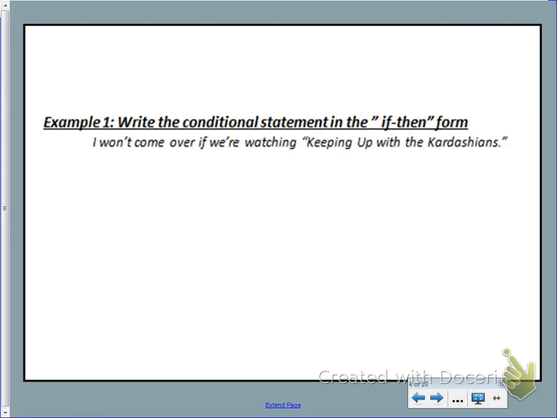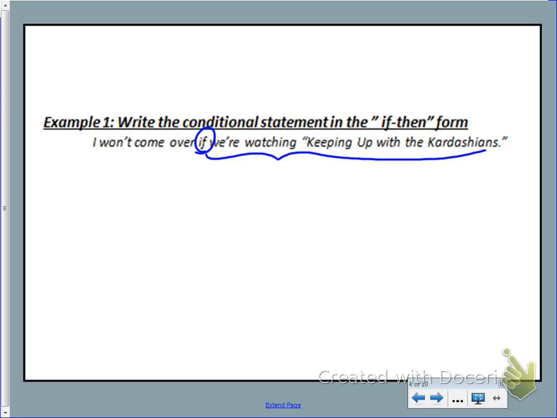Example 1 says to write the conditional statement in if-then form. The statement says, I won't come over if we are watching Keeping Up with the Kardashians. So what we need to decide first of all is what's the if and what's the conclusion. Well, in this case, the if or the hypothesis is if we're watching, and if you notice it has the word if: we're watching Keeping Up with the Kardashians. Now, it won't always use the word if in the sentence, so then you need to decide what is going to be dependent on the other event occurring.